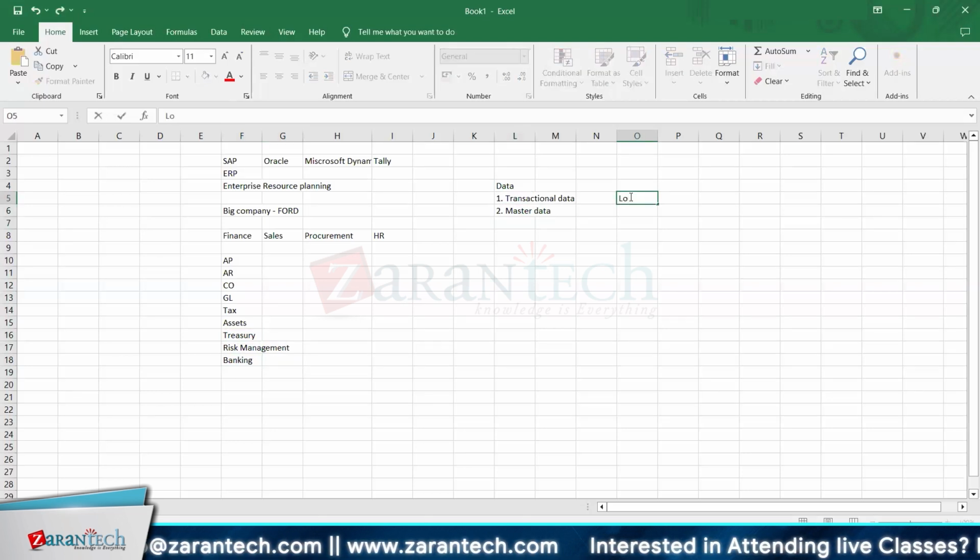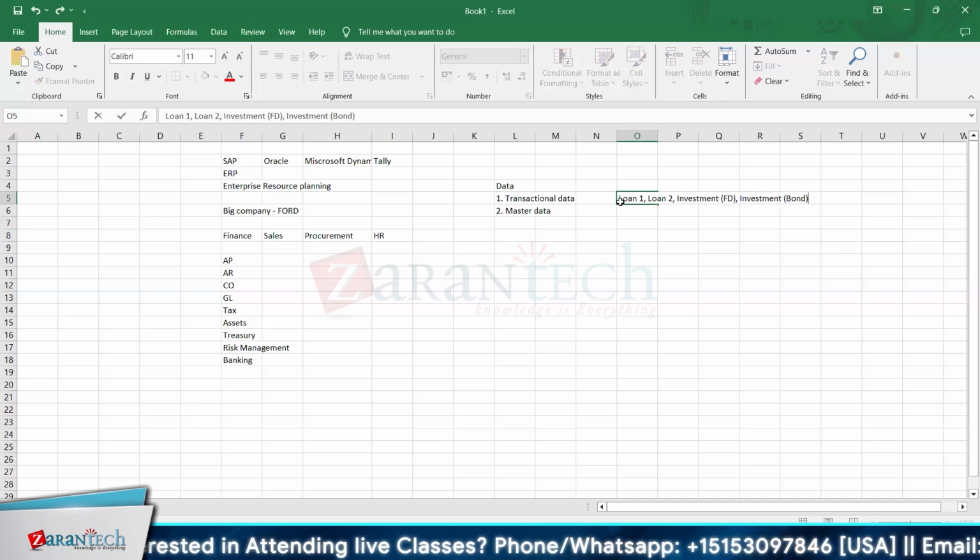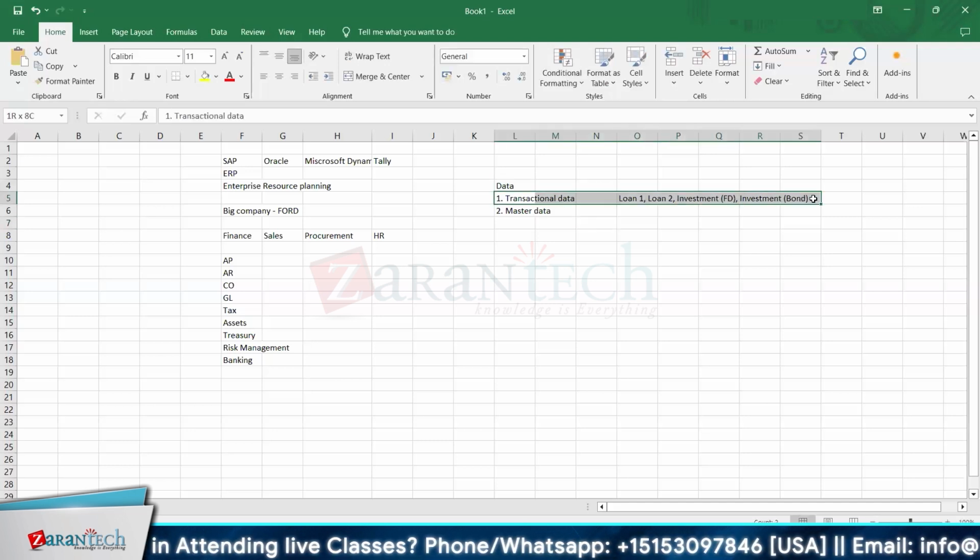So that loan can be your transactional data. Let's say I have taken many loans from this bank, loan one, loan two, or I have done some investment. It can be a fixed deposit. It can be even a bond. So these are all part of transactional data. Now, this actually changes very fast because let's say I'm paying back a loan or I'm taking another loan to meet certain liquidity aspect of my company.